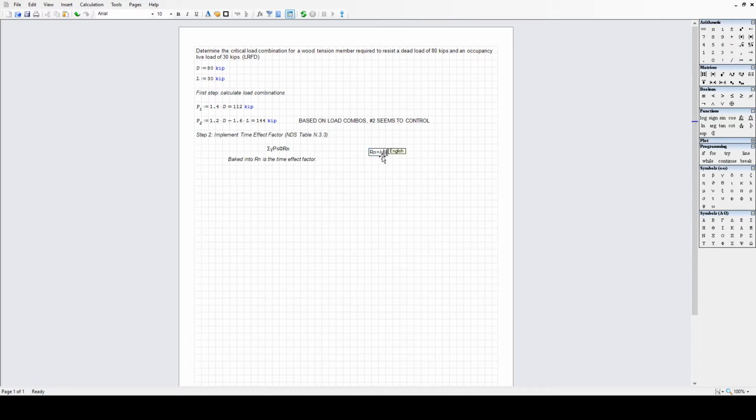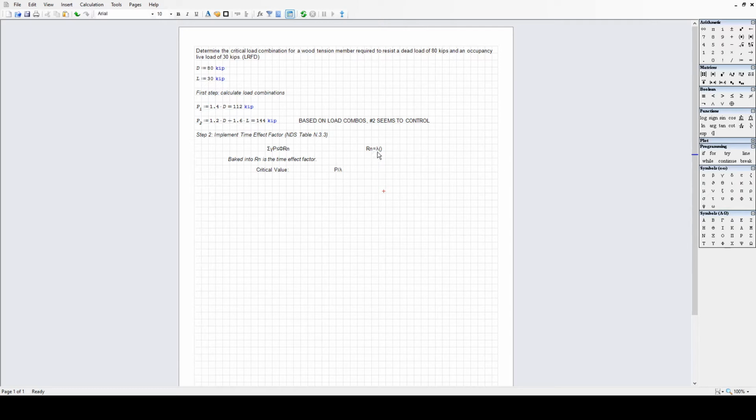But if all we want to do is figure out which load combination is going to control, we've got to think carefully about what actual mathematical quantity we need to consider. Because we're ignoring all of the other factors, the critical value is going to be, if you haven't already figured this out, P divided by our lambda.